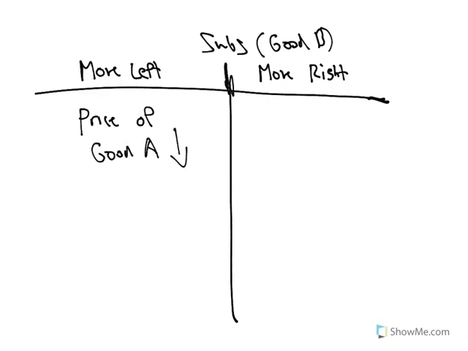If good A is cheaper, I'm buying less of its substitute. If ketchup became less expensive, I would buy less mustard because I'm going to stick with what's cheaper. And then, just like we saw before, if the price of good A increased, then we would buy more of its substitute because it's relatively cheaper than good A.